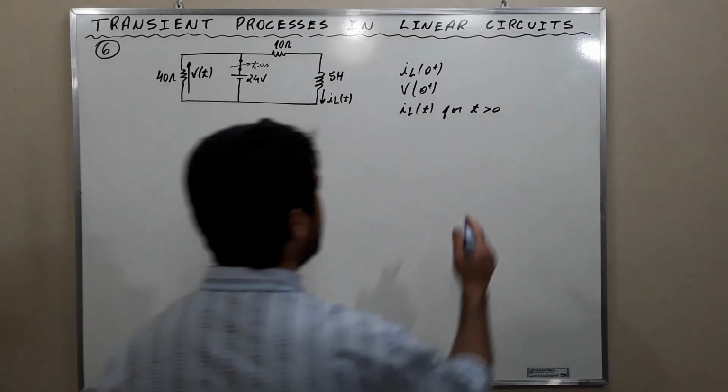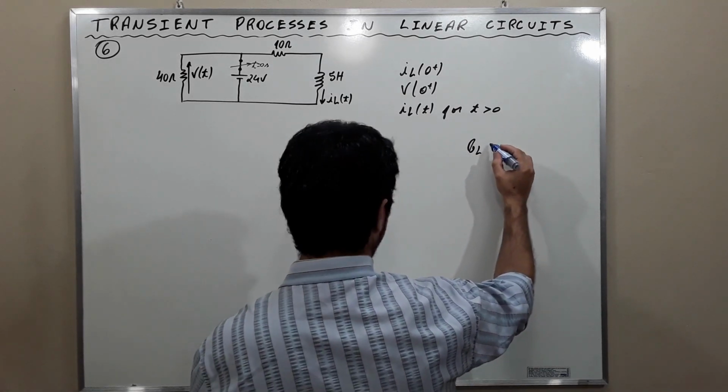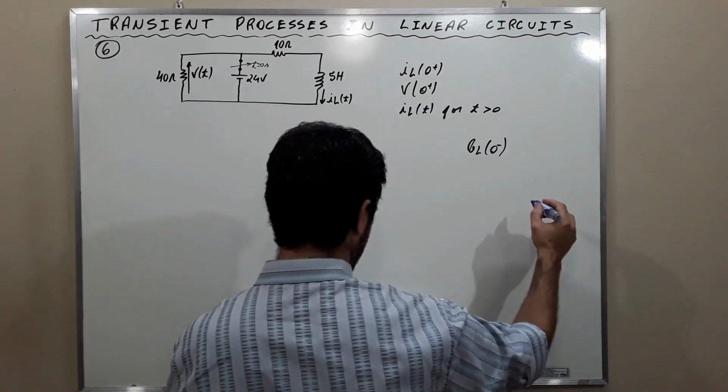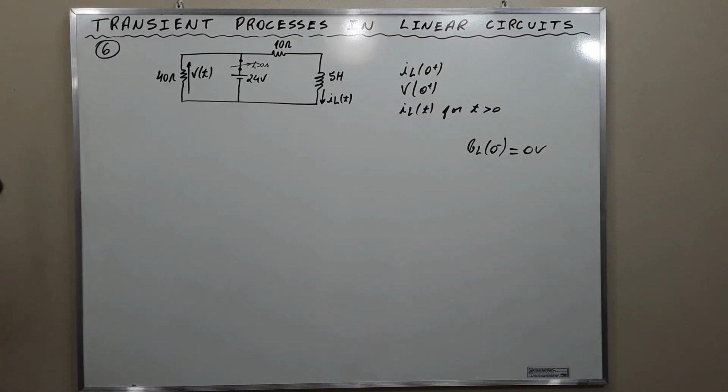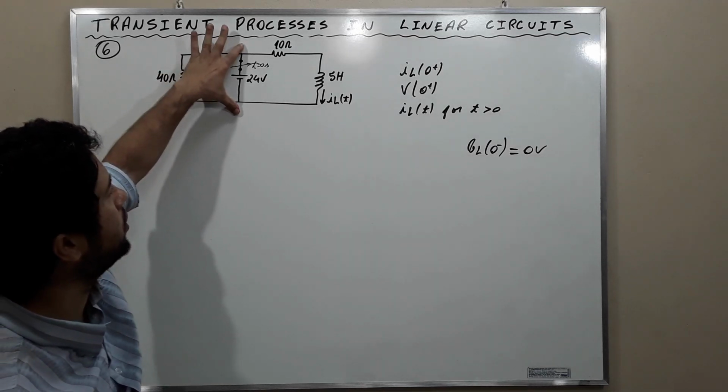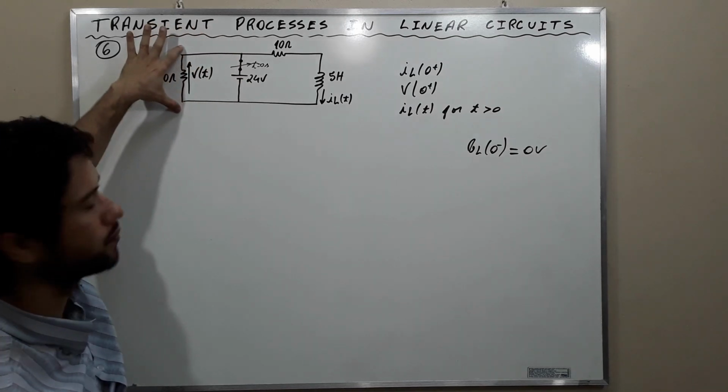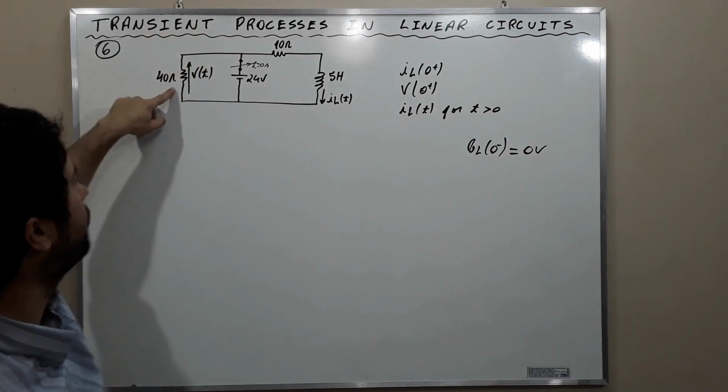Then we know that the VL of 0 minus is equal to 0 volts. The voltage V across the 40 ohms resistor is the voltage of the battery before the switch is open. You see that this voltage is applied here. Then they are equal. This voltage appears here.